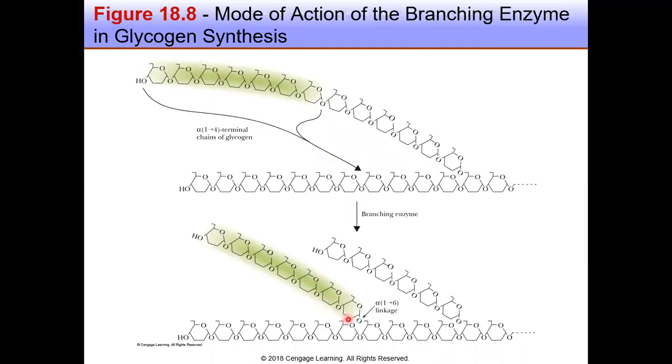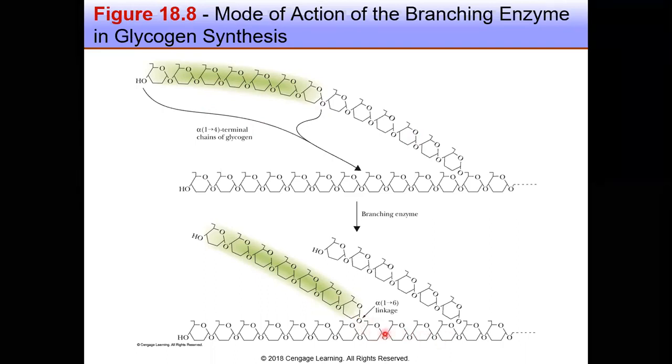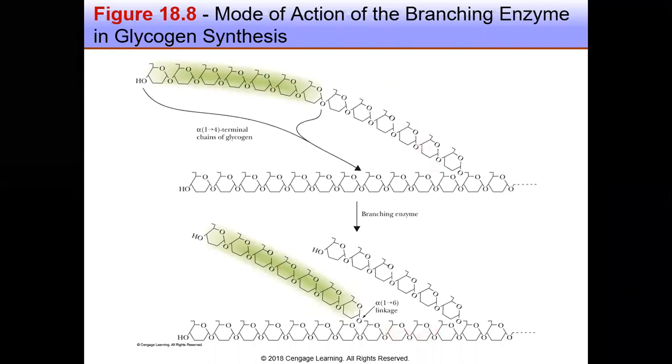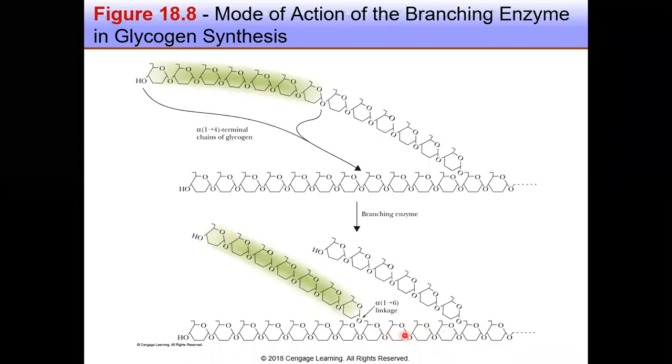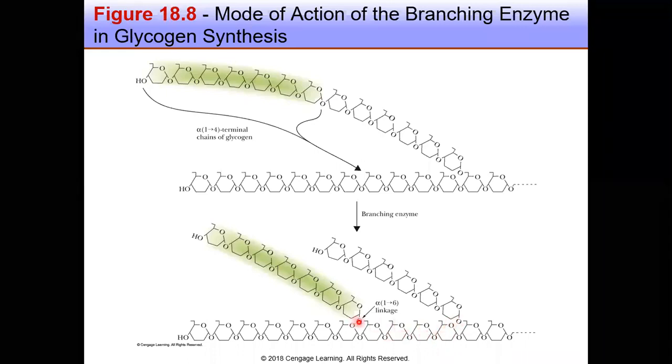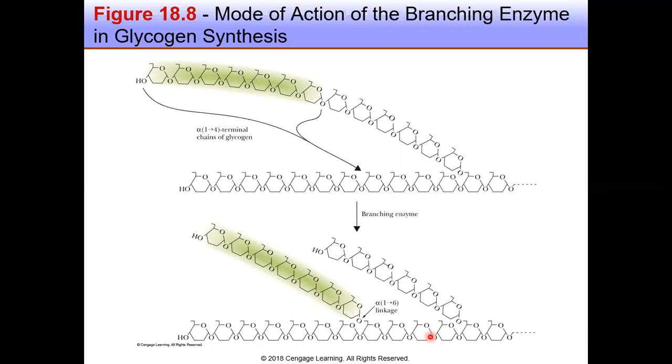And then it forms the alpha-1,6 linkage here, the new one, and each new branch point must be at least four residues away from the nearest existing branch point. So the distance between the old branch and the new branch must be at least 1, 2, 3, 4 residues from each other, as you can see here.